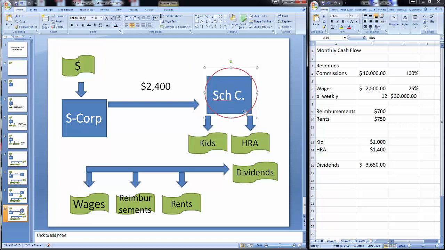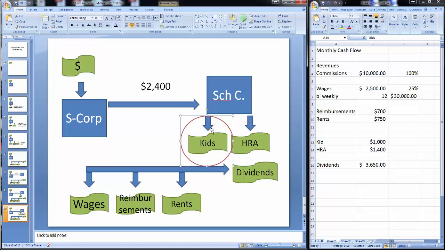It's going to do marketing services or janitorial or admin or accounting and bookkeeping, right? What services are going to be provided is going to be based on this number. How much can the S corporation pay the Schedule C at a reasonable amount? How much can we put to the kids and how much can we put to the HRA?